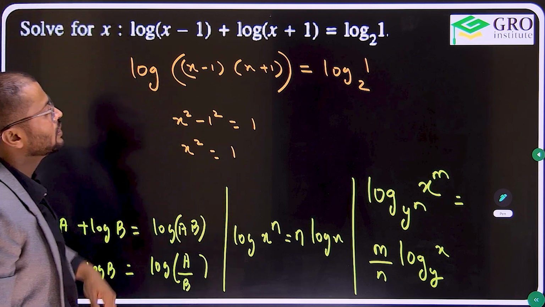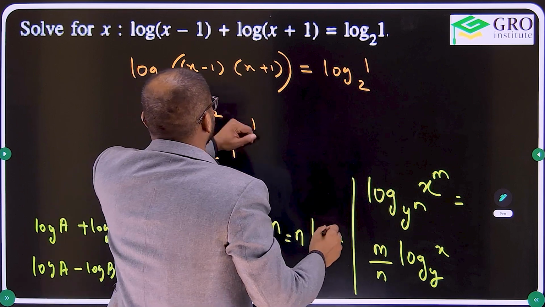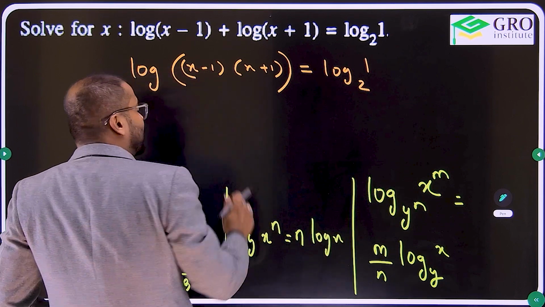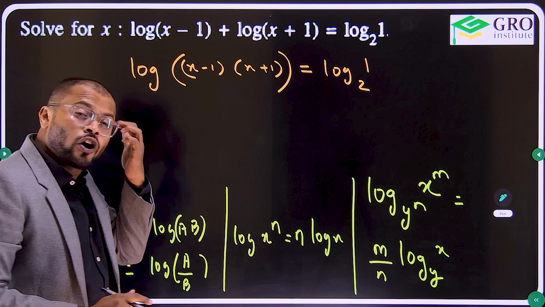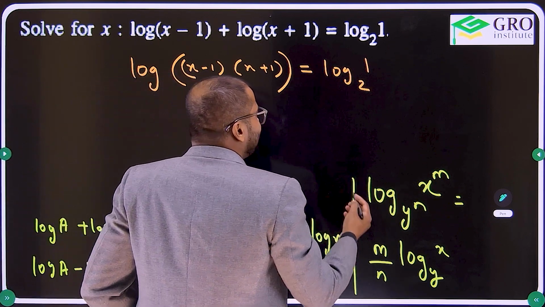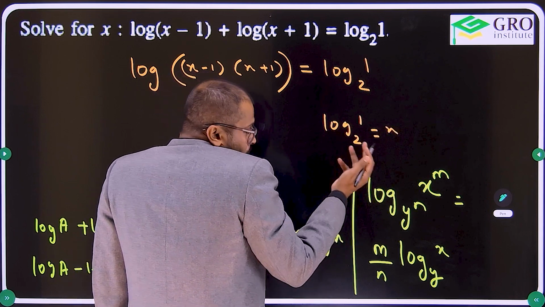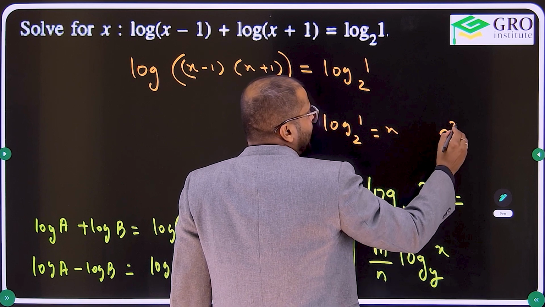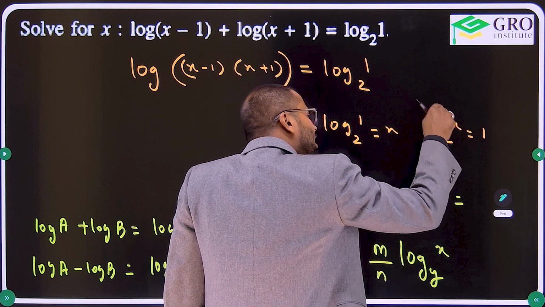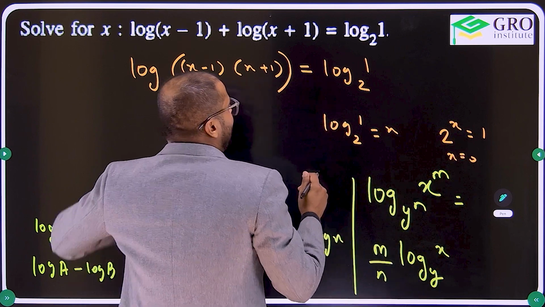You should know that log of 1 having base 2 should be what? I told you in the beginning, in first part even. You will say that, sir, log of 1 with base 2, suppose x. So 2 to the power x is equal to 1. So what value should x have? Sir, x should have 0.